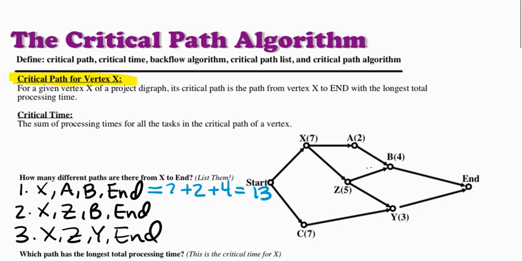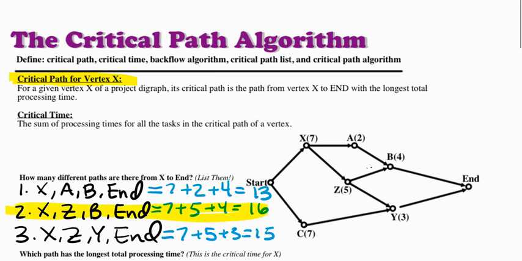The second path, X is 7, Z is 5, B is 4, and we get a total of 16. And the third one, X is 7, Z is 5, Y is 3, and the total is 15. This shows us that the second path that we outlined is the path with the longest processing time to get from X to the end vertex.